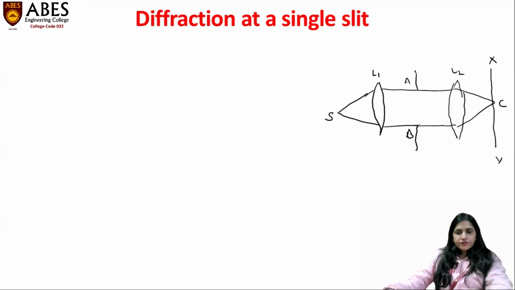Now, suppose that light bends from the corner. This is slit A and B. So it bends from the slit at an angle theta. This is bending at an angle theta, and over here also it is bending at an angle theta.